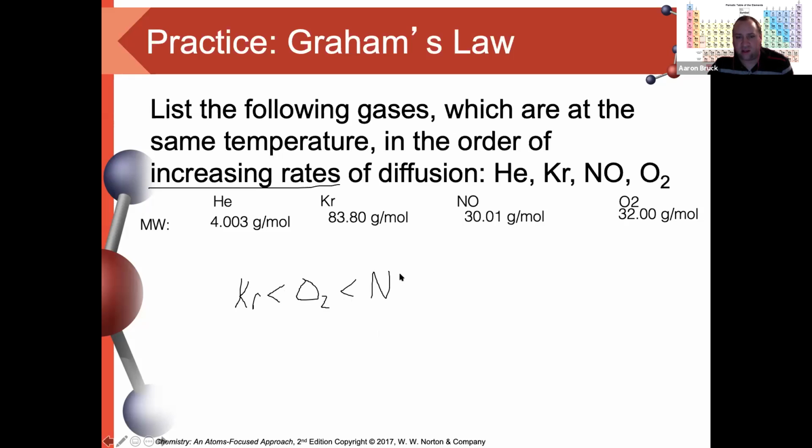Nitrogen monoxide would be next, and then finally helium. And so for problems like this, where we're just doing ranking and rank order, it's really a matter of slowest to fastest or fastest to slowest, and we use molar mass to determine all of that.